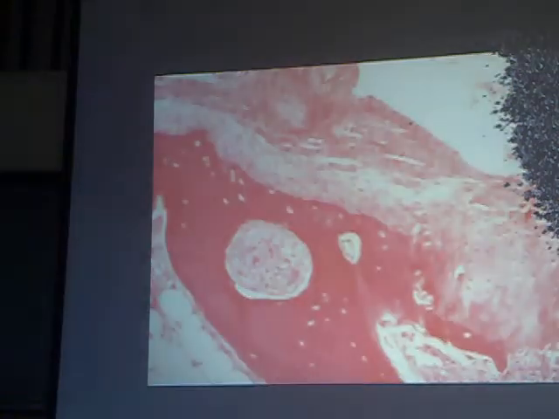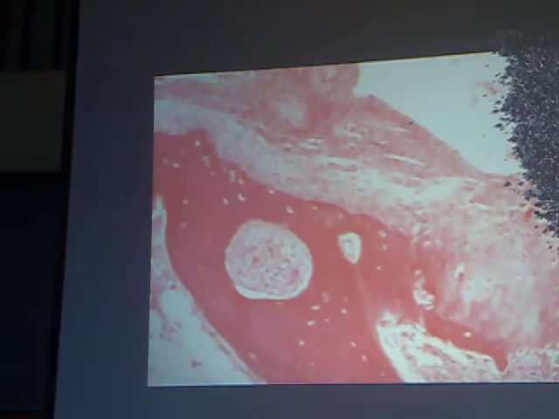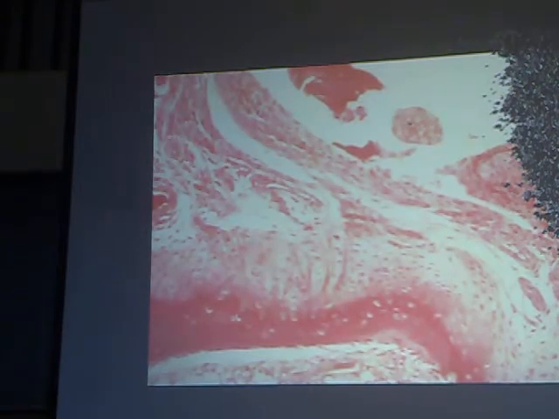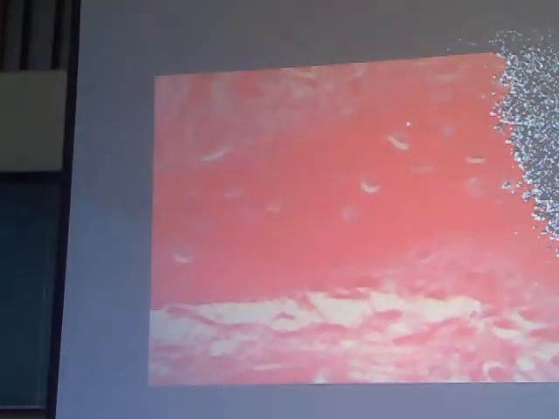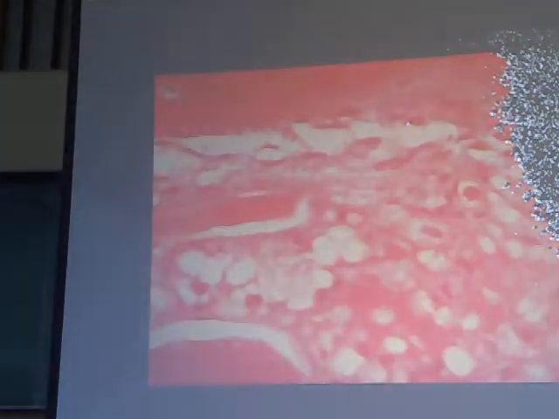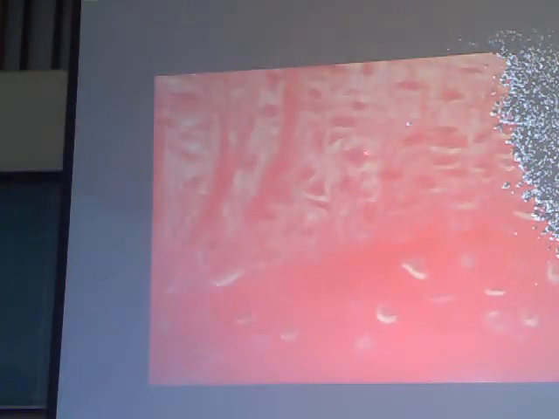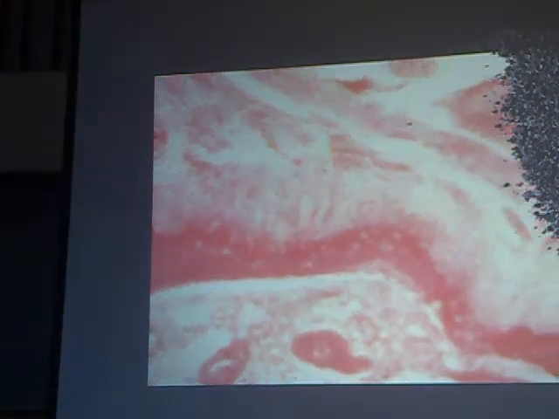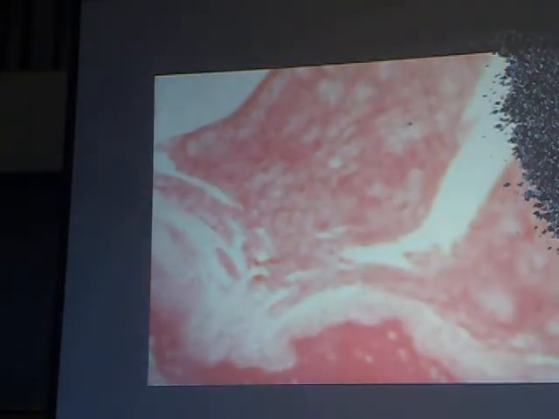So, zooming in, what type of cartilage is present in the joints of the long bones? Okay, I'm sorry, what type of cartilage is that? The hyaline cartilage.